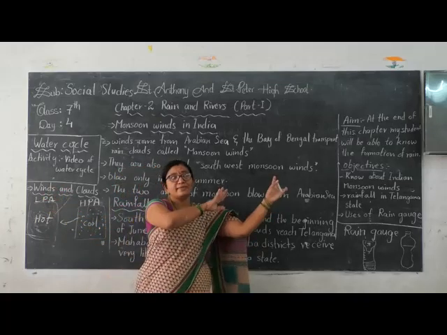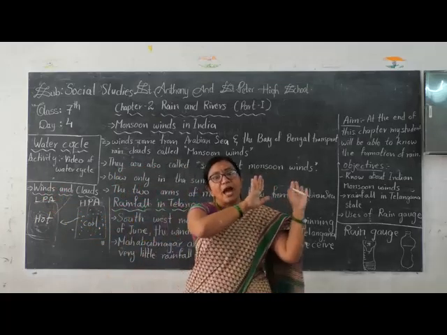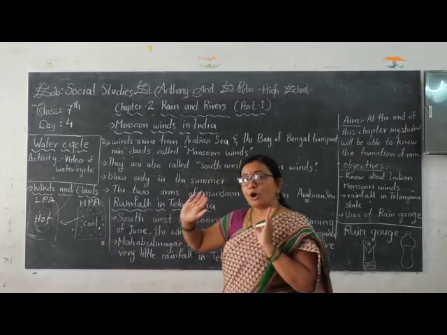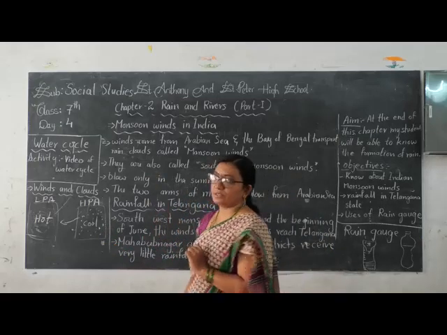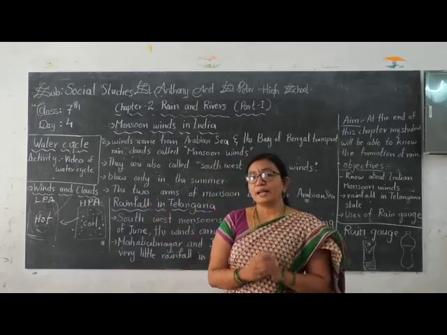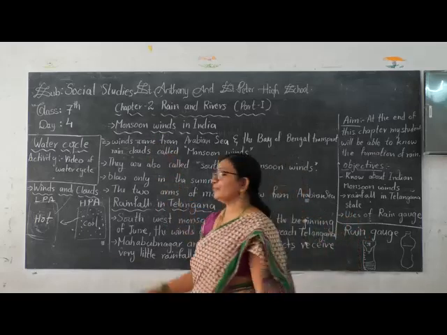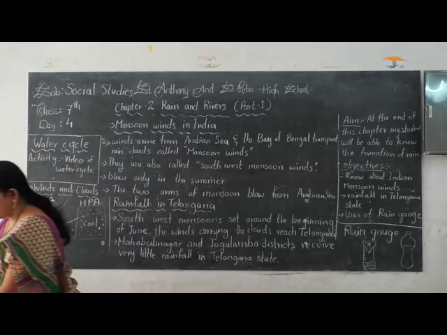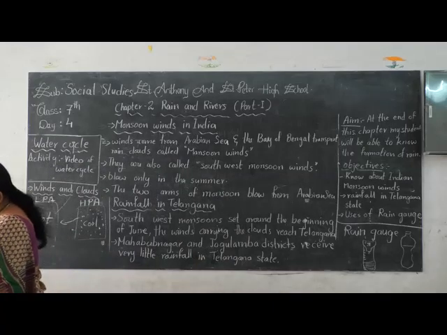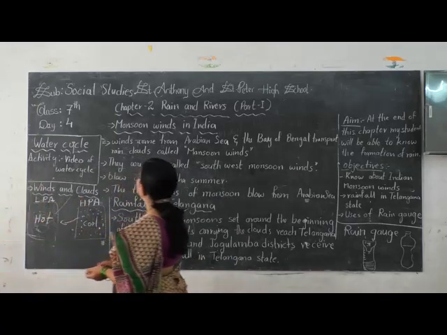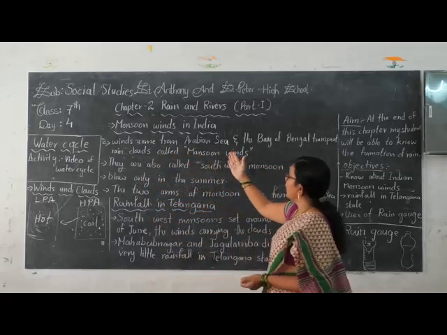These winds, when they flow from high pressure to low pressure, carry the clouds along with them. This is how the clouds move thousands of kilometers with the help of winds. So we have learned this, and now we can see how the monsoon winds work in India.